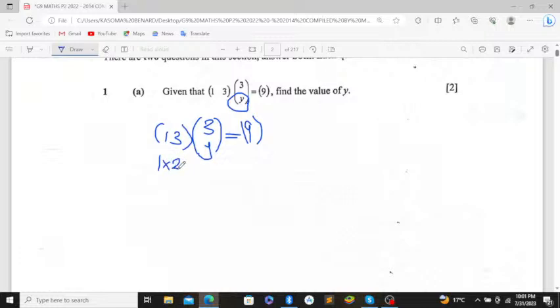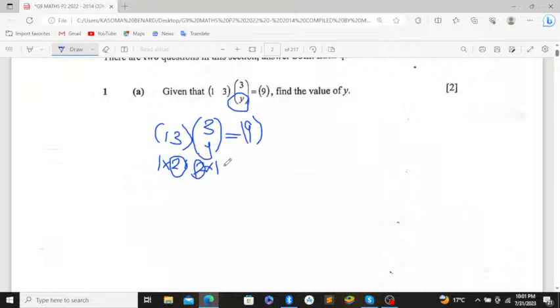This one has 2 rows, and 1 column, so its order is 2 by 1. The number of columns here is equal to the number of rows here, which means this can be multiplied.